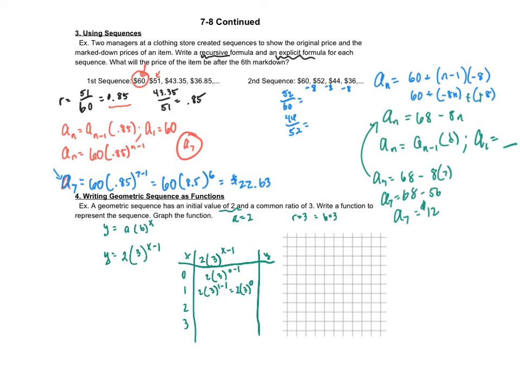Then for 2, it is going to be 2 times 3 raised to the 2 minus 1 power, which is going to be 6 to the first. And I'll just go ahead and say 6 to the first. Any number to the exponent of 0 is going to be 1, so that would be 2 times 1, and that is going to be simply 2.